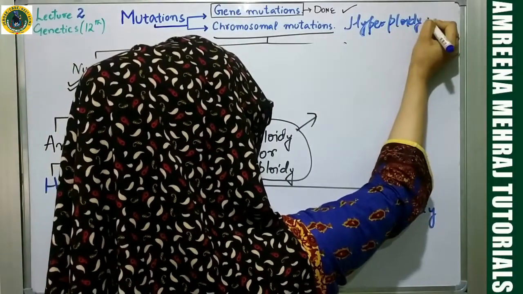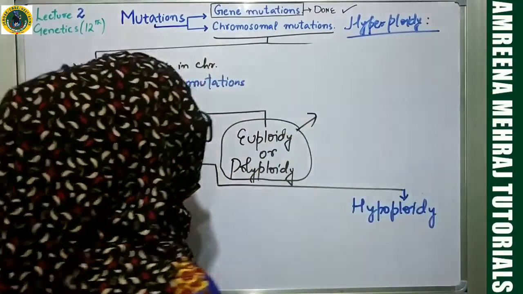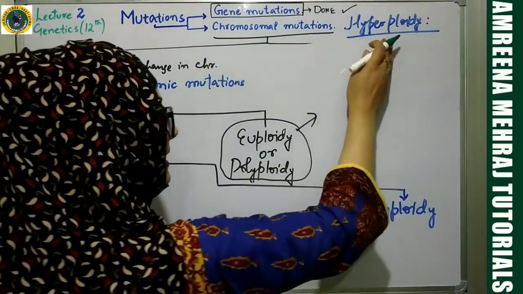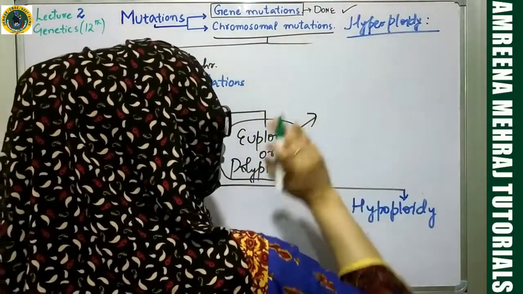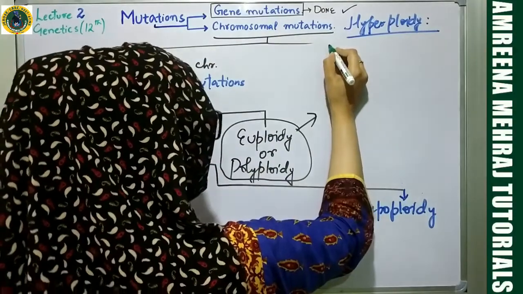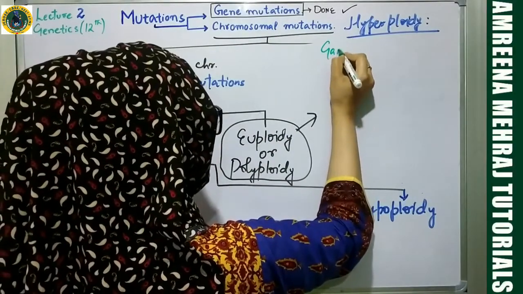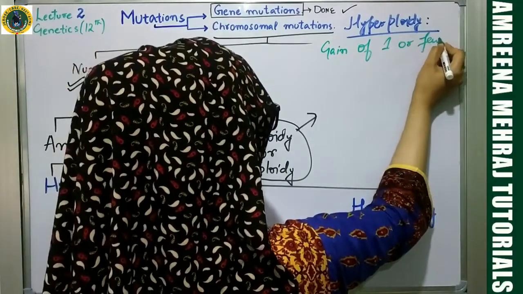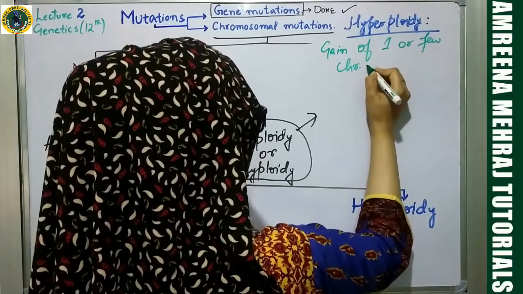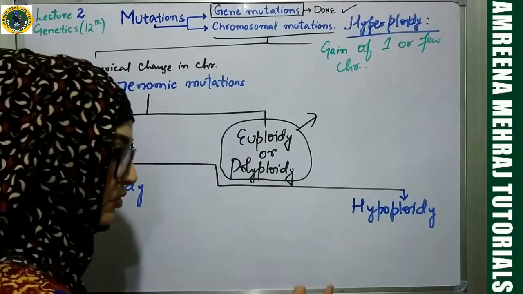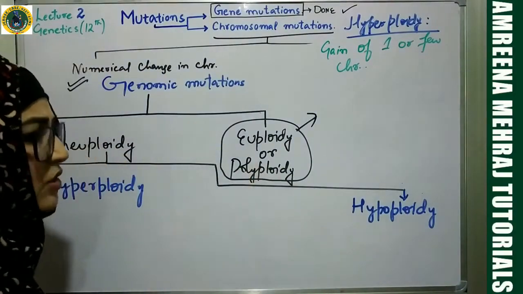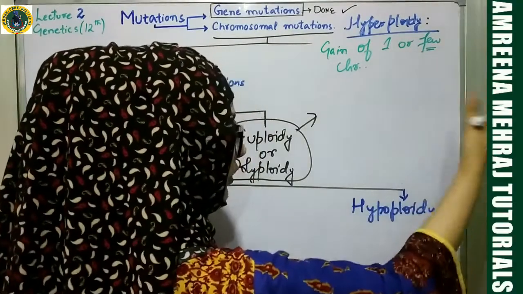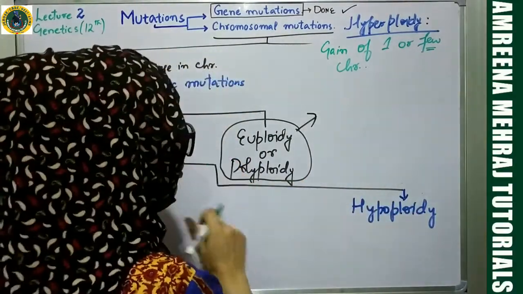Rather than making you dependent on definitions, you can think and be wise that hyperploidy is that aneuploidy in which you have addition, gain of one or few chromosomes. That means either one chromosome is added, or two, or three. We use the word few, because for more we use the set, that is euploidy.